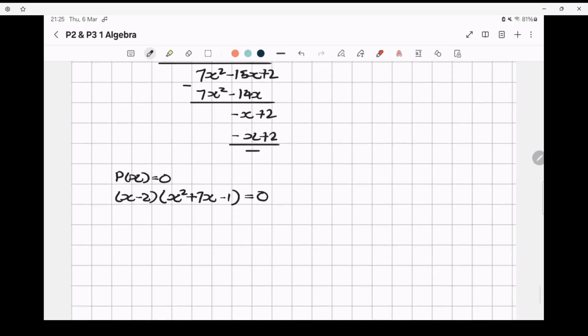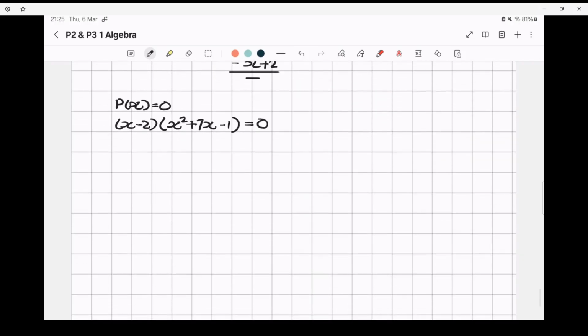And from the look of it, it does seem like b squared minus 4ac won't be something you can square root. So I will just directly use the formula at that point. So x will be equal to minus 7 plus or minus square root of 49 minus 4ac, so is plus 4, divided by 2a, or x equals 2.